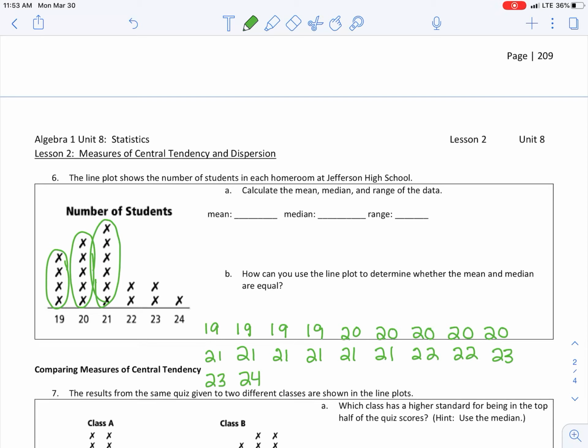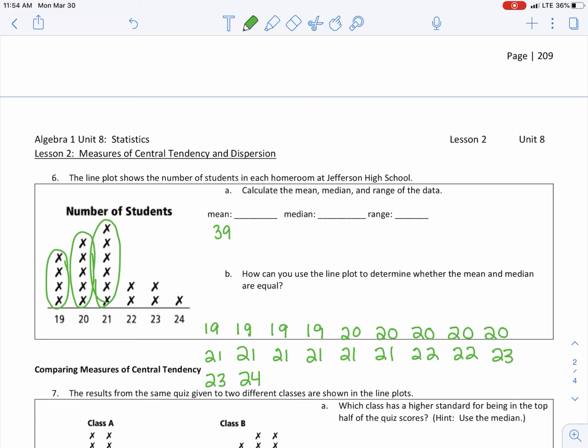So, finding mean, you have to add all these together. So, let's go ahead and do that. I know it's going to take me just a minute. And let's see, I got 392. Or I'm sorry, 397.